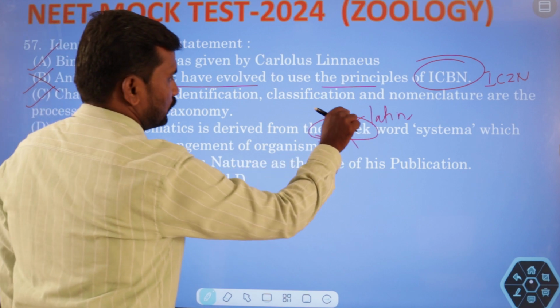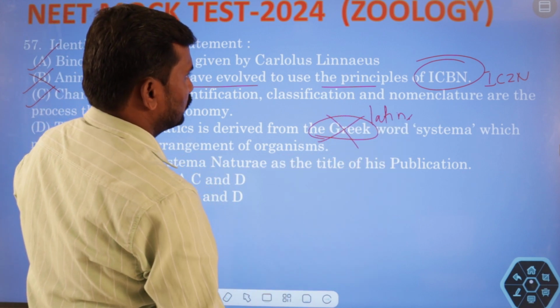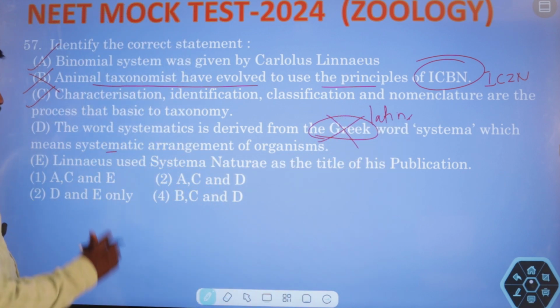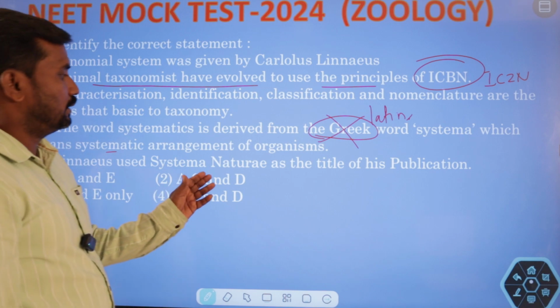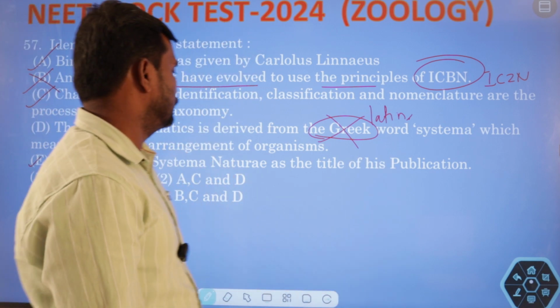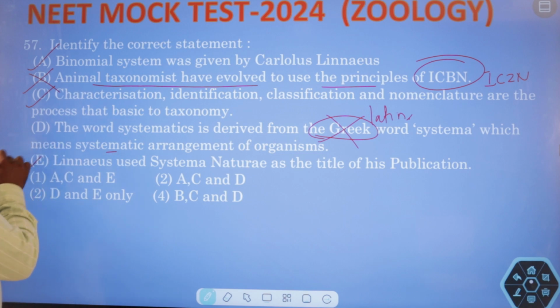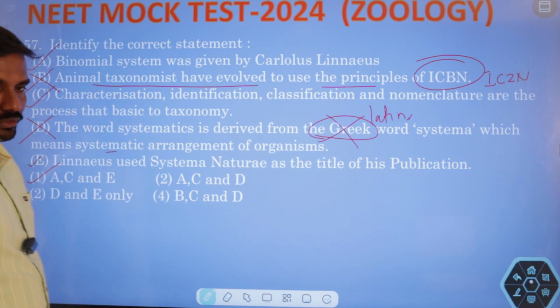The only incorrect statement is the one about Greek. Latin is the correct answer. Linnaeus used Systema Naturae in the title of his publication, which is correct. So only D is the incorrect option. The correct answer is A, C, and E, the first option.